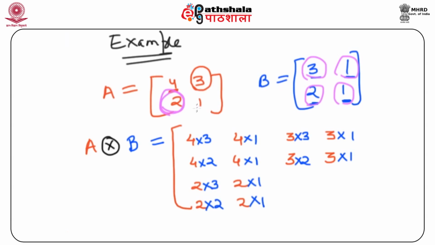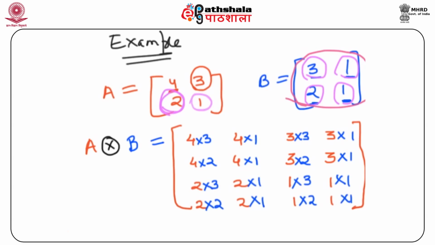Now similarly, taking the second row, second column element of matrix A, we write this here, here, here and here, and multiply by the 4 elements of matrix B: 1 multiplied by 3, 1 multiplied by 1, 1 multiplied by 2 and 1 multiplied by 1. And this is the 4 by 4 matrix that we have obtained.